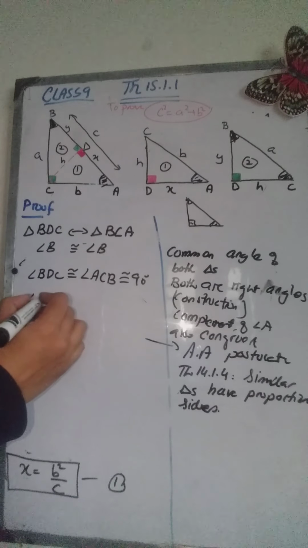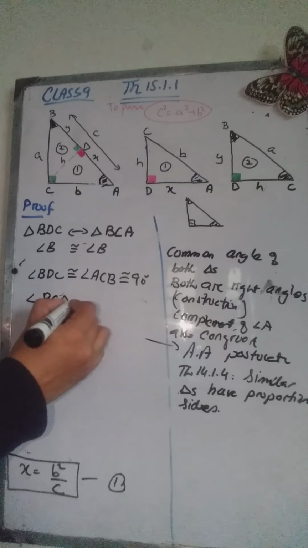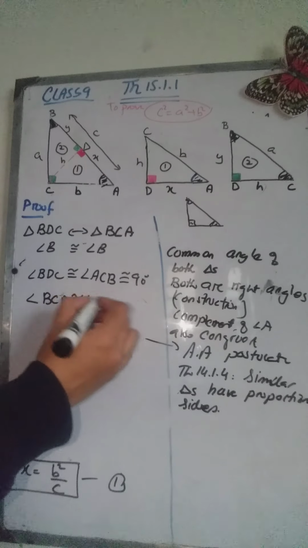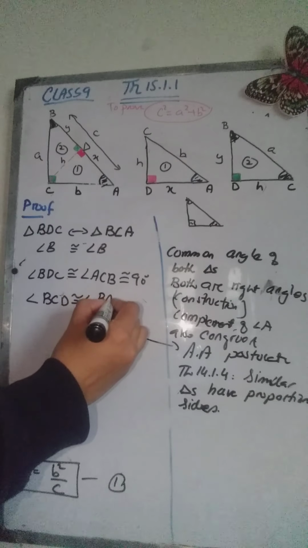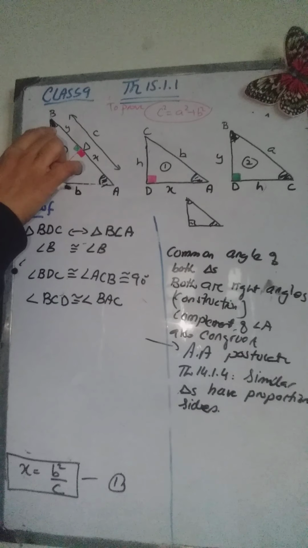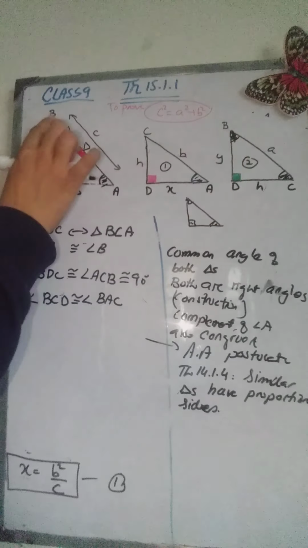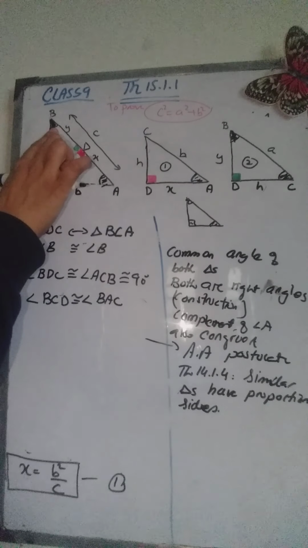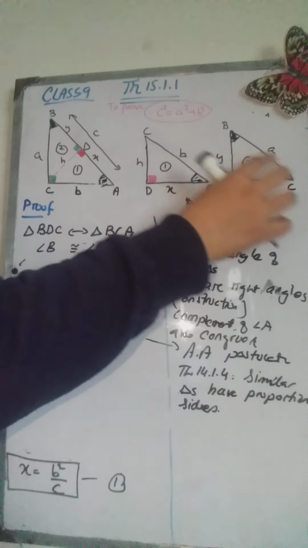So angle BCD will be congruent to angle A of this triangle, angle BAC, because angle A is the complement of angle B. And in this triangle, angle C is the complement of angle B. As angle B is the same in both the triangles, therefore angle A of this will be equal to angle BCD.